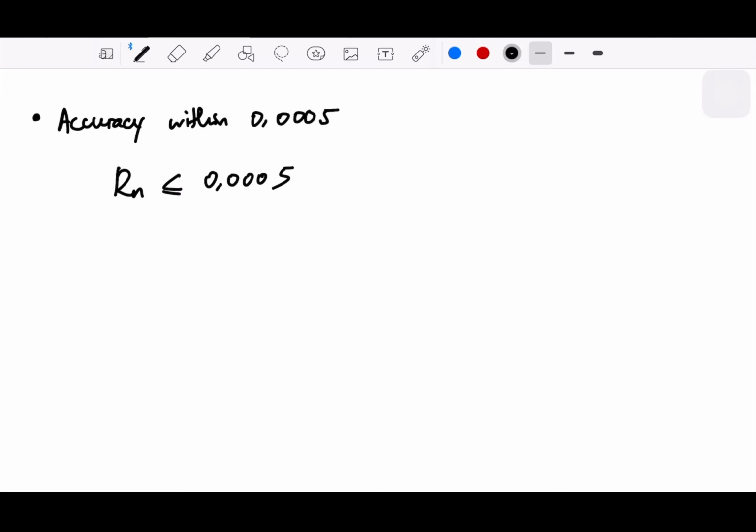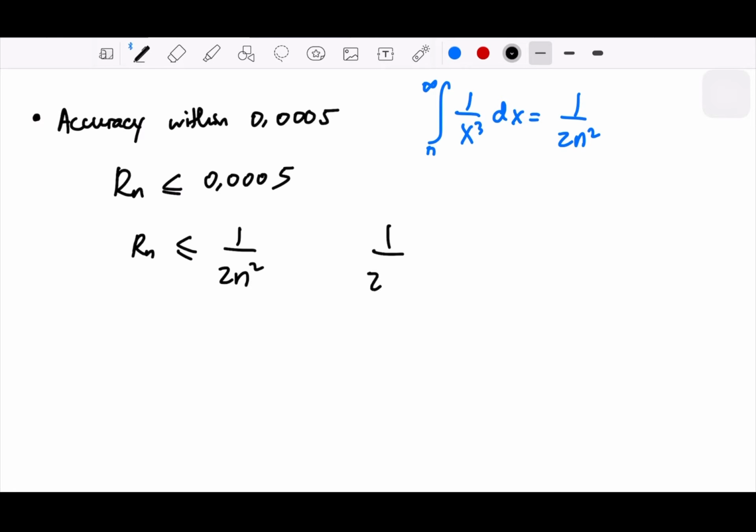And we know that Rn, we already have this 1/2n squared from the integration of 1/x cubed. And thus, we want this 1/2n squared to be less than or within 0.0005.